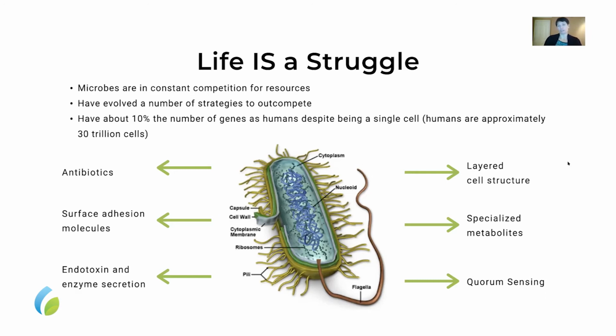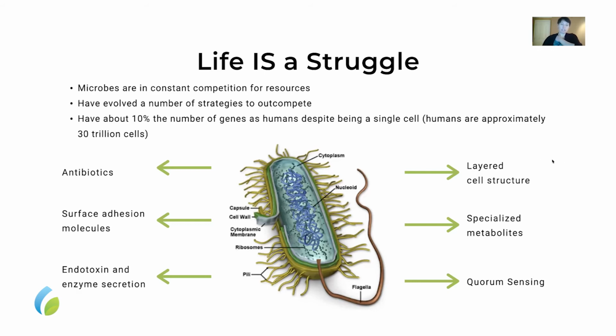So humans, although we're approximately 30 trillion cells in this highly organized fashion with well-developed differentiated organ systems, including a brain, the bacteria, that much smaller and seemingly that much more simple, still only have 10% of the genome that we have. So that means that they have really taken this evolution thing seriously in developing all the tools and all the weapons they need to allow their success just to produce offspring, just to grow and divide.